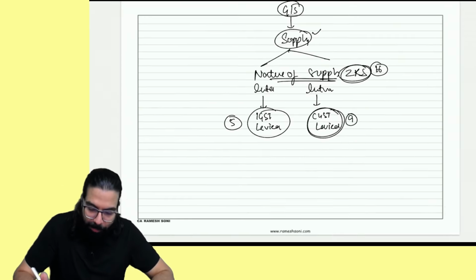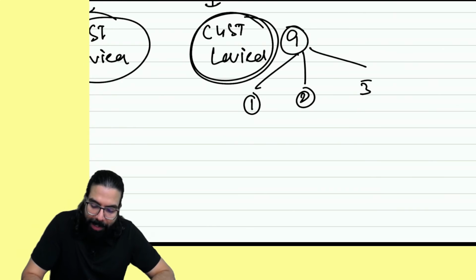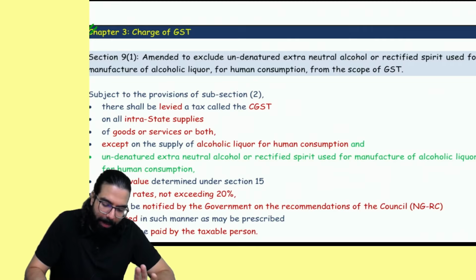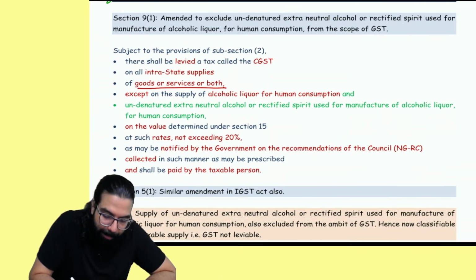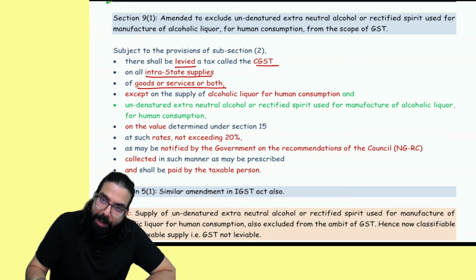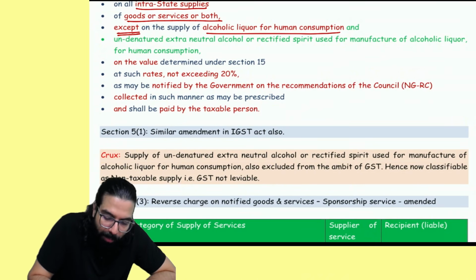In section number 9, we have section 9.1, 9.2, 9.3, 9.4, and 9.5. Section 9.1 tells about when GST will be levied normally. Whenever goods, services, or both are being supplied intrastate, CGST will be levied. Correct, everyone? But it will not be levied on alcoholic liquor for human consumption.